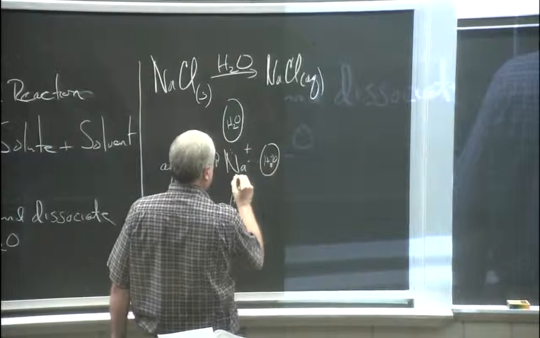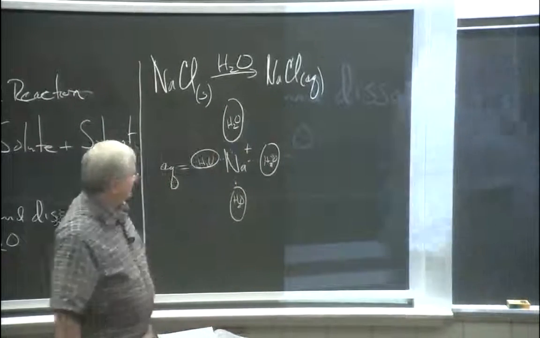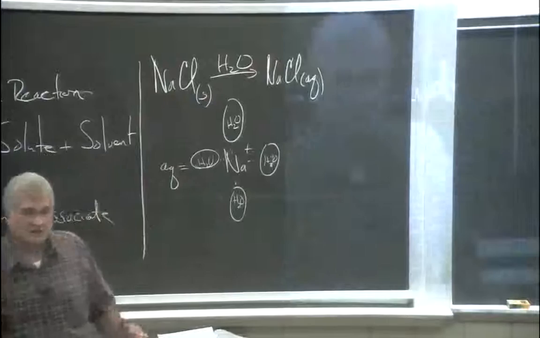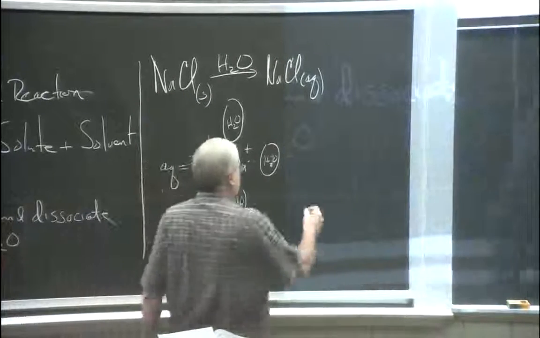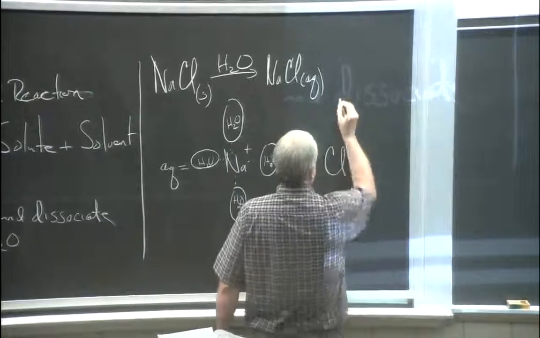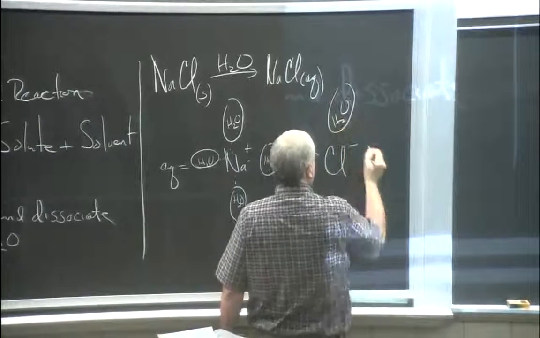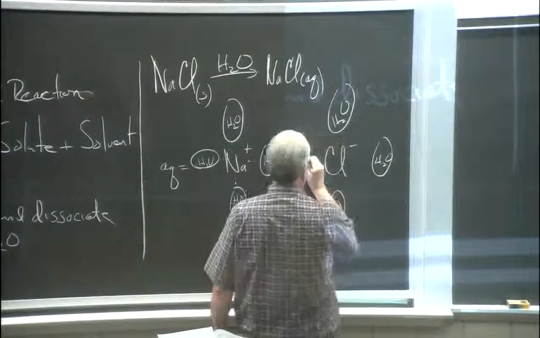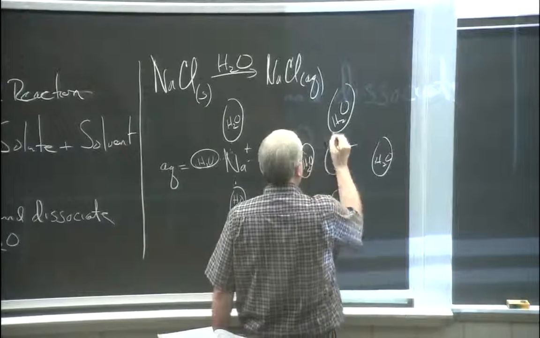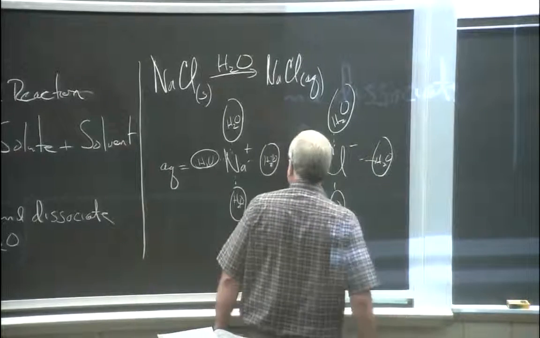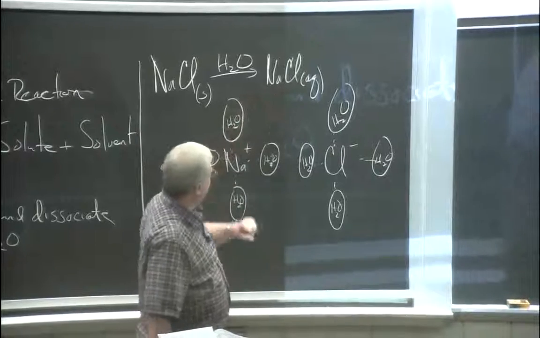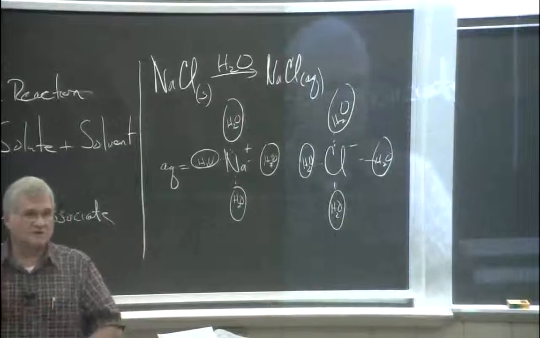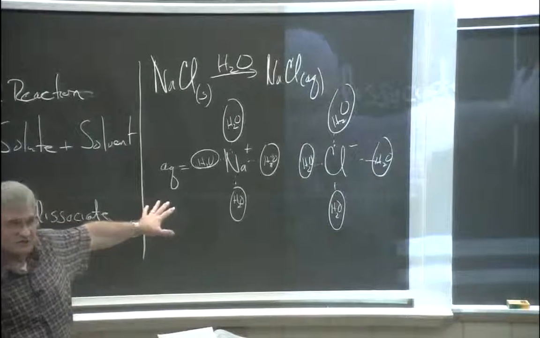There are electrostatic interactions, an average of about 6 water molecules per sodium ion, and for the chloride ion it's exactly the same thing. When you have NaCl aqueous, the NaCl is totally dissociated and surrounded by water molecules. This is where you start carrying charge.